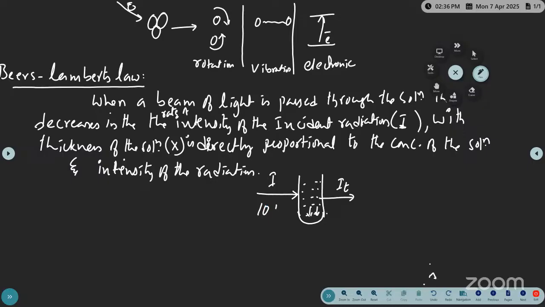How much is it? 10 hertz. The 10 hertz frequency of radiation is passed through the solution, isn't it? So when that much frequency is passed through the solution, some of the light is absorbed by the solution and some of the light is transmitted.